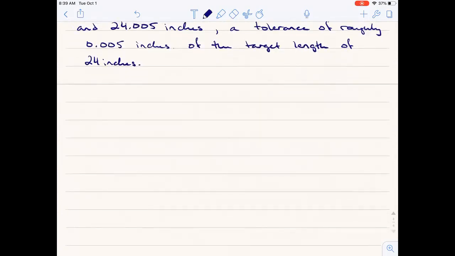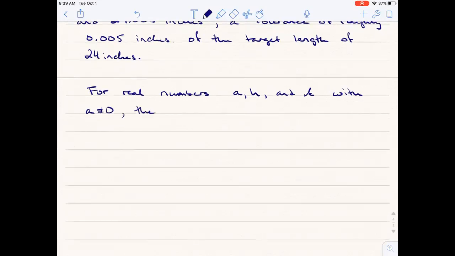So for real numbers a, h, and k, with a not equal to 0, the graph of F of x equals a times the absolute value of x minus h, plus k.